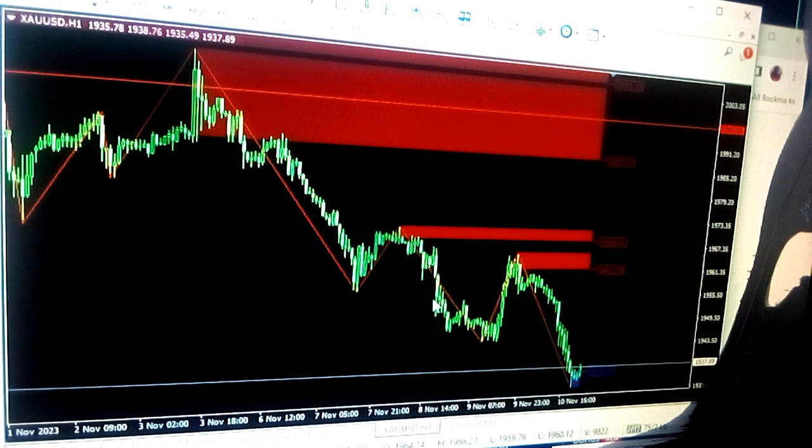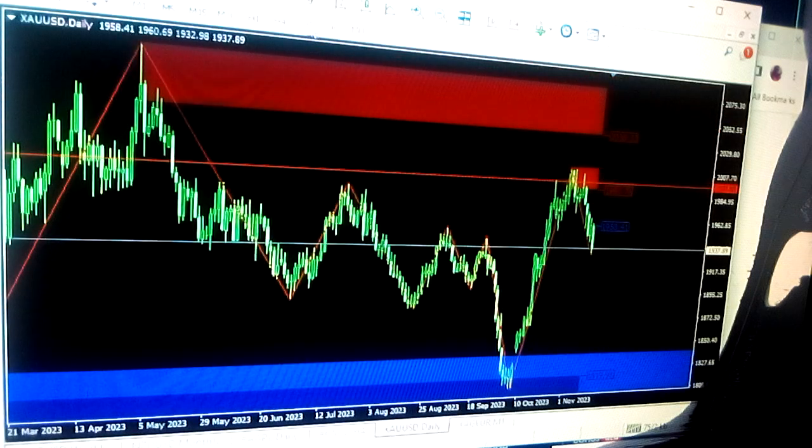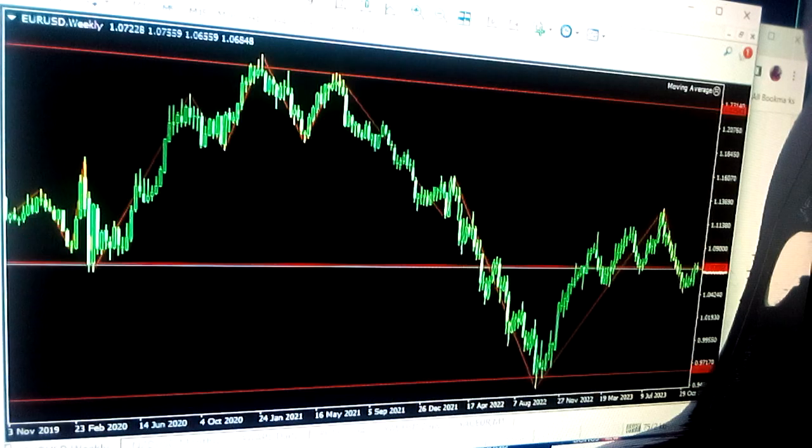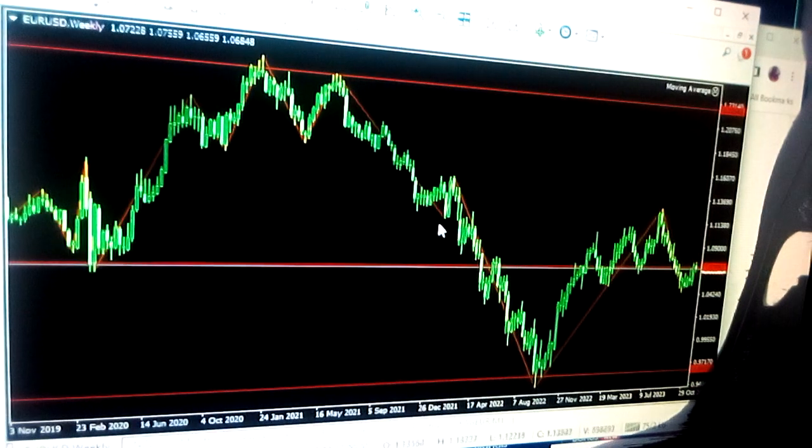It forms a W. Even if you draw this keenly, you're going to see that it forms a W. After the W, what have we done? We dropped down. At that point, at least we are on the same page. Even if you go to M50, it's going to form the same scenario. Even if you pull up EUR/USD so that you can see, EUR/USD also has that kind of similar thing.